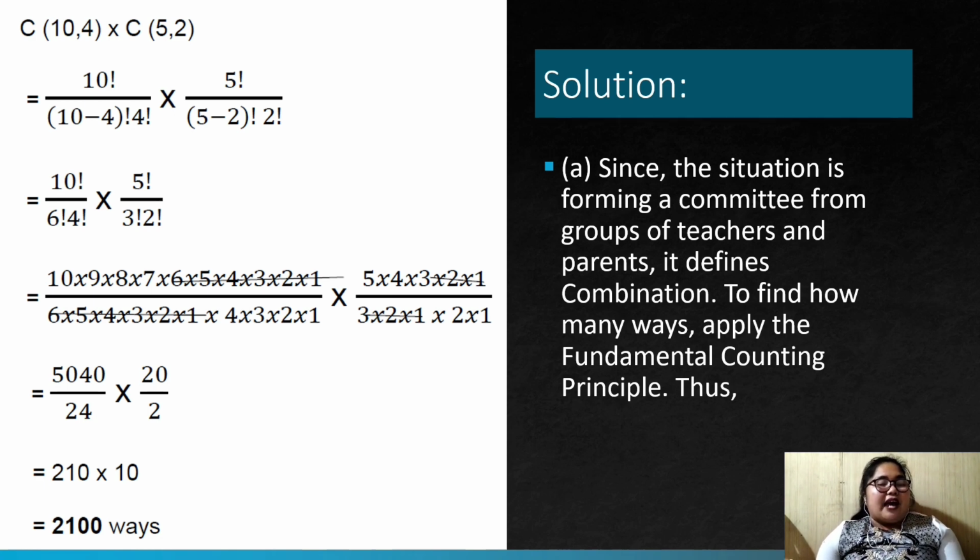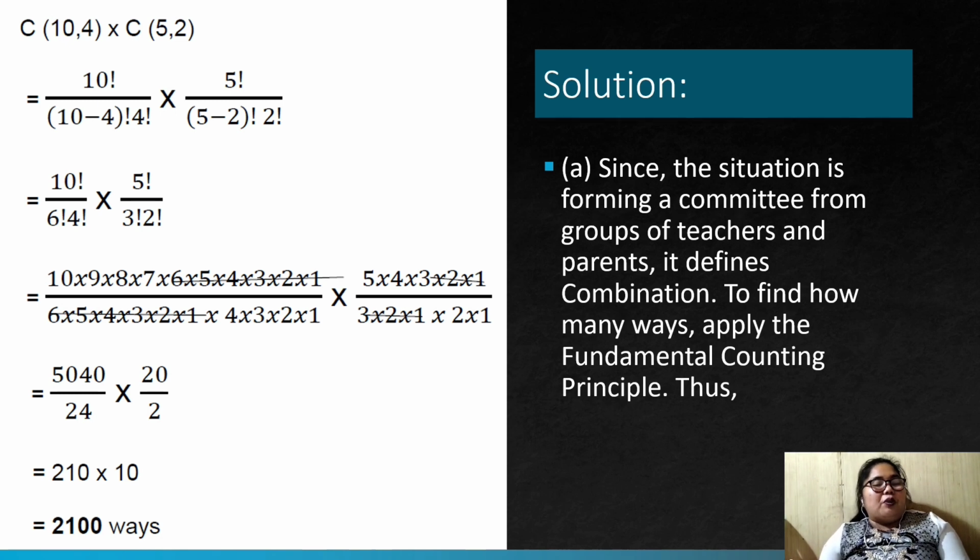So, 10 times 9 times 8 times 7 times 6 times 5 times 4 times 3 times 2 times 1, divided by 6 times 5 times 4 times 3 times 2 times 1 and multiplied by 4 times 3 times 2 times 1. And for the other factorial, 5 times 4 times 3 times 2 times 1 over 3 times 2 times 1 times 2 times 1, the 2 factorial.